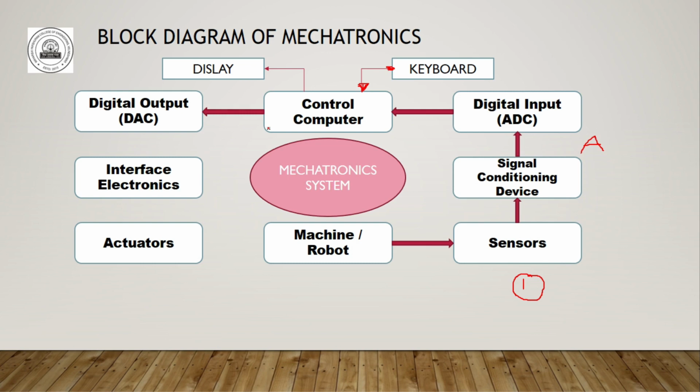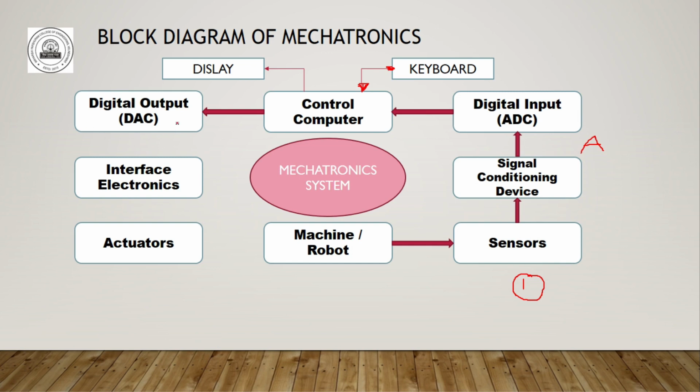Okay, then the next part is the output, that is the digital output which is given by the control computer after comparing it with the set conditions. Now this is your feedback of the mechatronic system, given in digital form, but our actuators or mechanical components cannot read that signal in digital form, so we need to convert it back into analog form.